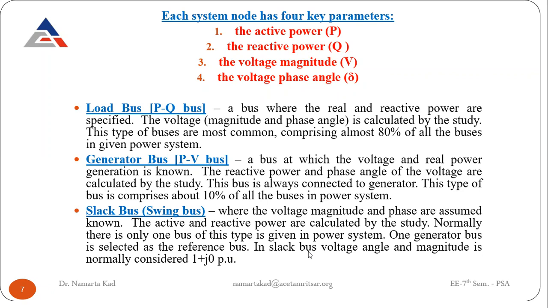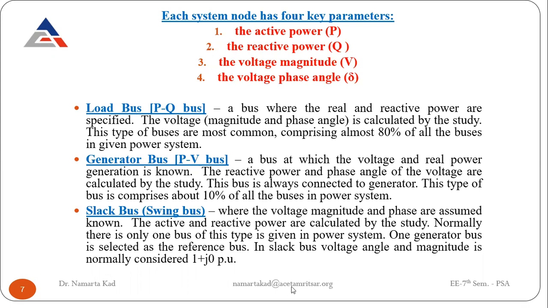In the slack bus, voltage magnitude and angle are normally considered as 1 plus j0 per unit. Generally this is in per unit form, and the per unit base values are selected in such a way that the swing bus has the voltage magnitude 1 per unit and angle 0 degree.